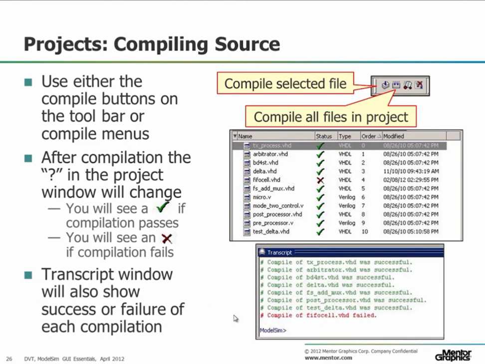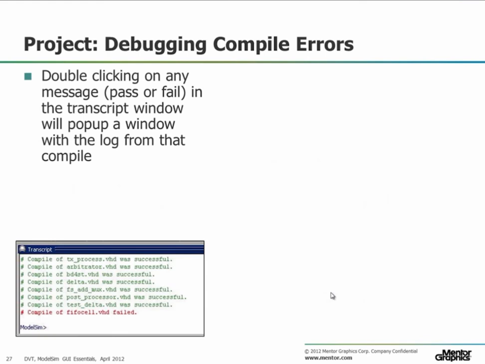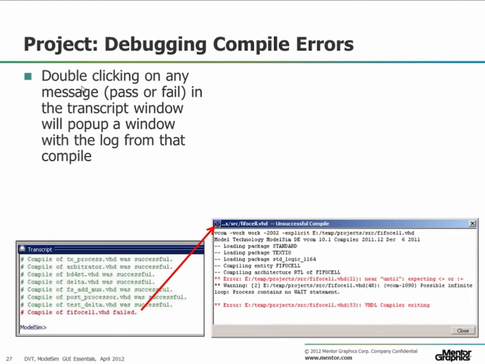I can look at the transcript and see what happened, and I see that the FIFO cell.vhdl failed. So I can either click on that in the transcript, or I think I can right-click up here and say show status. So here I've double-clicked on the compile, and that brings up the transcript from that compile, which tells me that I had a problem at line 21 of my code.